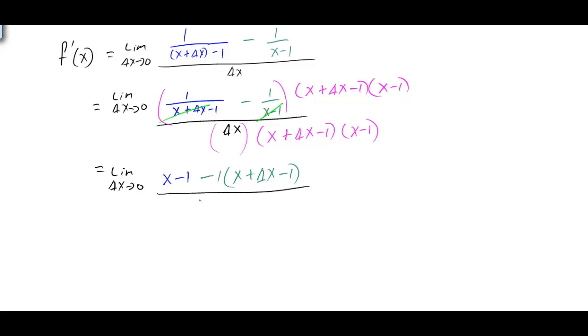And in the denominator, once again, leave this in the factored form. We can just simply leave this as delta x multiplied by the x plus delta x minus 1 and x minus 1.